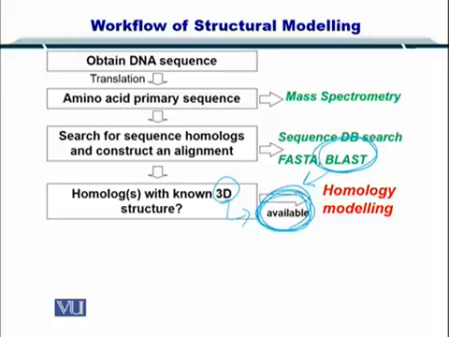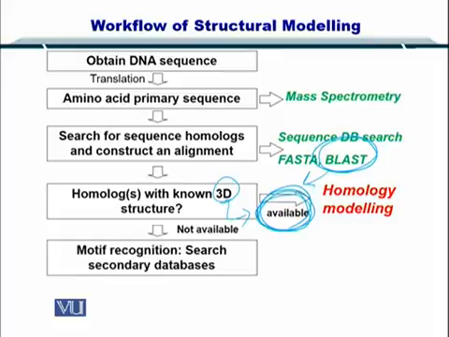In case they do not have the 3D structures with them, then there are other methods such as motif recognition, in which you search the secondary structural databases. Sometimes it's also called fold recognition. You can also do ab initio modeling, which is a complex method towards determining the protein structure.